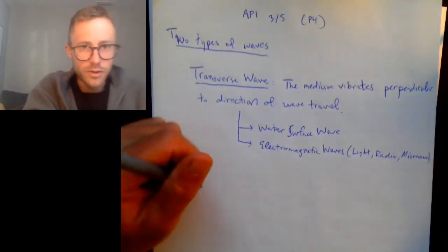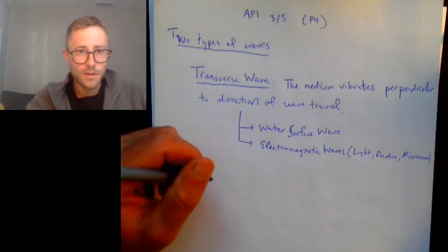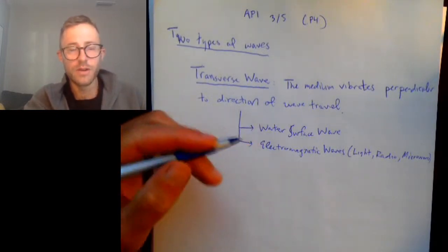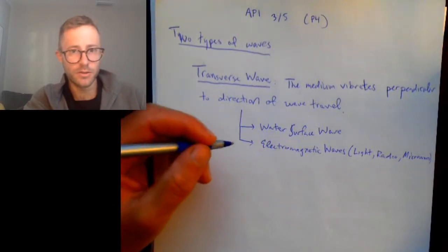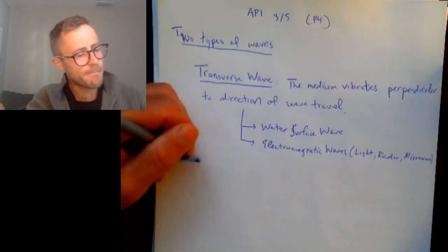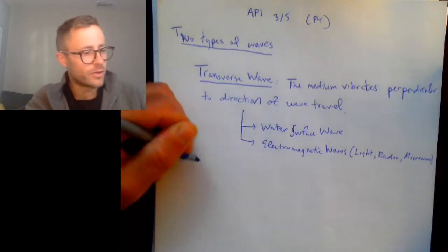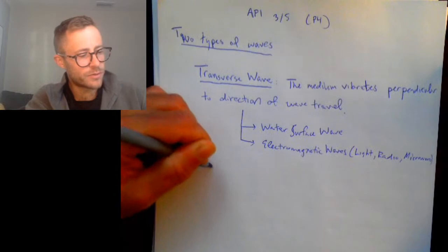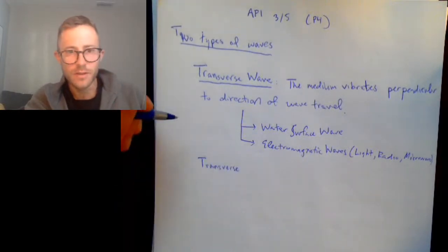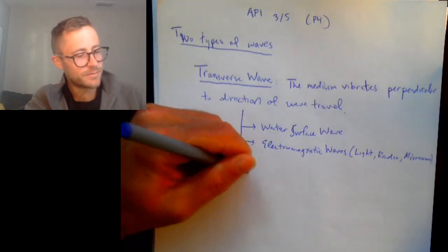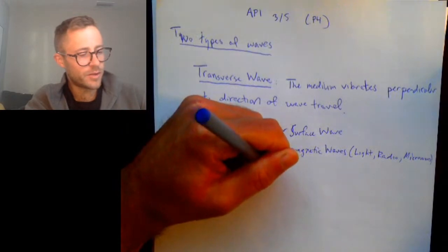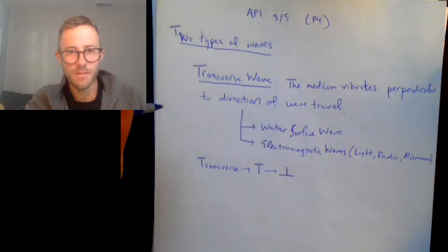There's a nice little mnemonic that I created to help you remember that a transverse wave vibrates perpendicular to the direction of wave travel. If you think about transverse, that starts with a T. If you take that T and you flip it upside down, it looks like that.